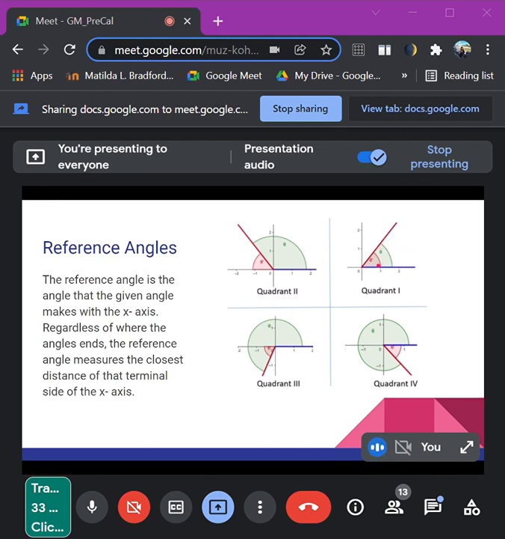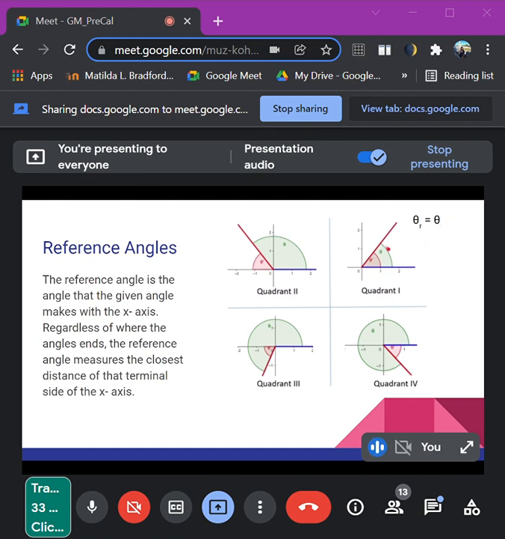Now, in here class, your reference angle is the one closest to your x-axis. So, our x-axis class, it could be the positive one here or the negative one on the left side. So, for the reference angle for quadrant 1 class, remember the formula, your reference angle is equivalent to your given angle.